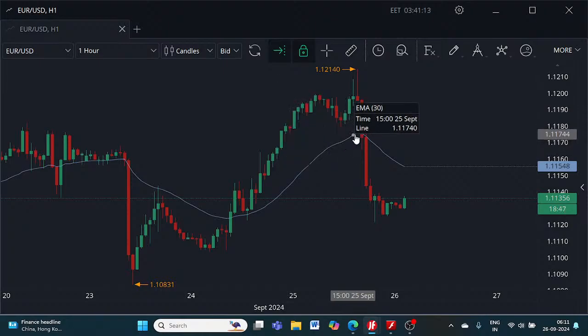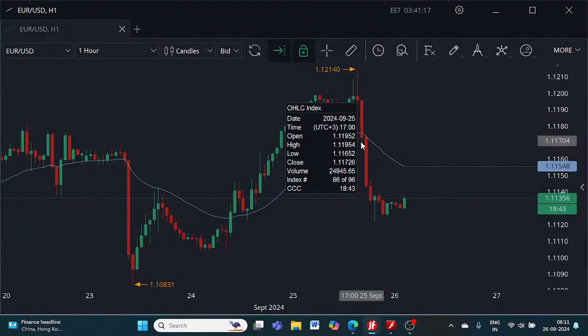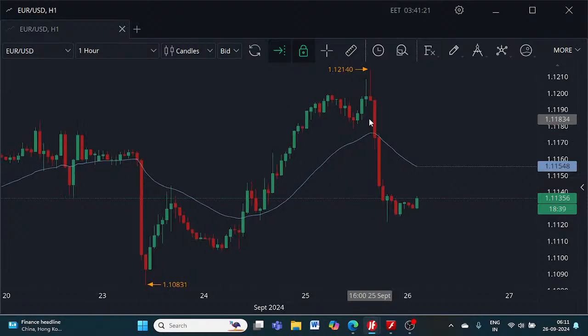That is why it kept climbing all the way till this sudden drop in the price of the Euro USD. Only after there was a significant price drop, the plotting of the EMA started to reverse.